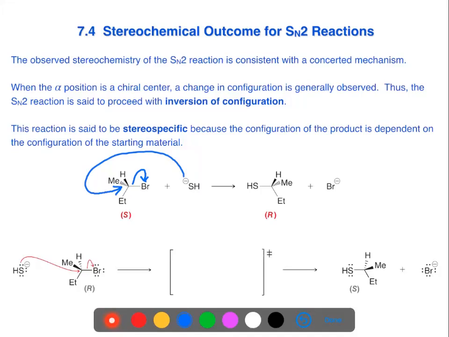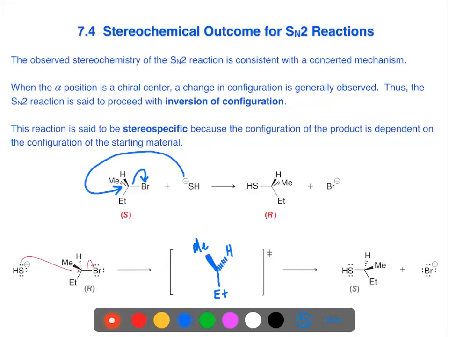So if we have our chirality center, we have our ethyl group, and then coming out towards us is our methyl group. And what is being shown for clarity is the hydrogen atom.